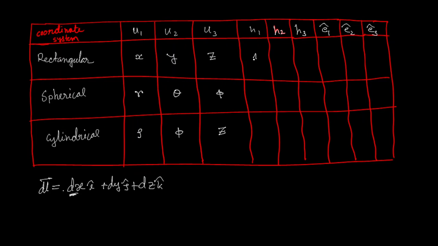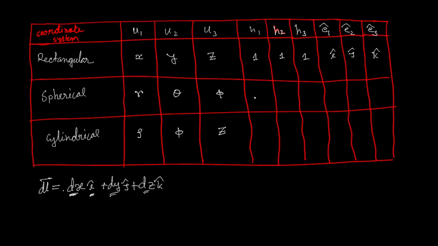So in rectangular system it will be 1. Similarly, coefficient of dy is also 1, and coefficient of dz is also 1. And these e1, e2, e3, they are the associated unit vectors, unit vector associated with each variable in this particular coordinate system. So in rectangular coordinate system, these unit vectors are i cap, j cap, k cap.